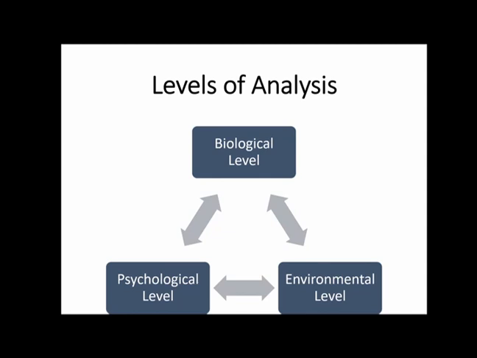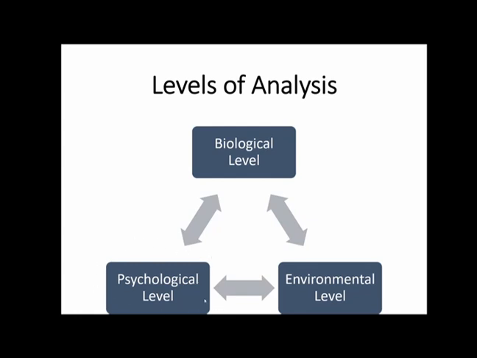So the first of these levels is the biological level. So you can consider a situation from the side of biology. You could think about the brain processes that are going on, the hormones within the body, or the genetic influences acting on a behavior. Our next level of analysis, we can look at the psychological level.